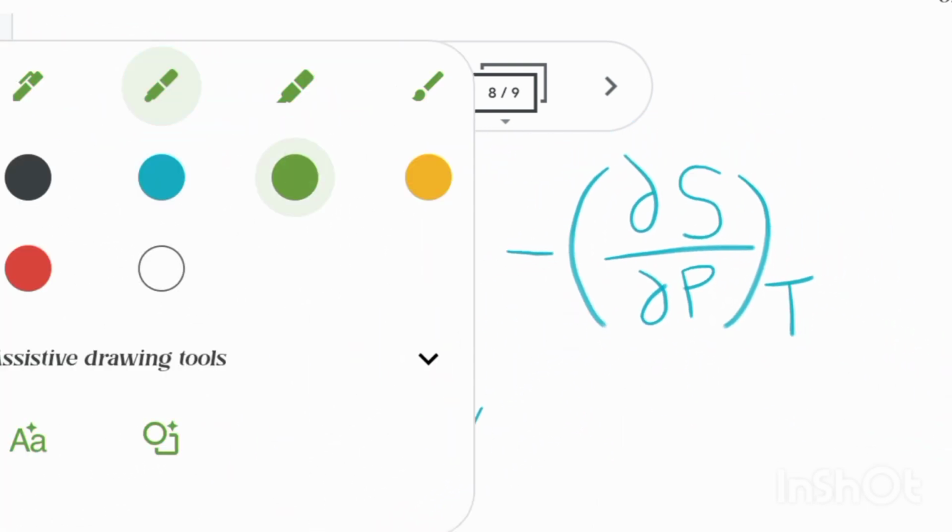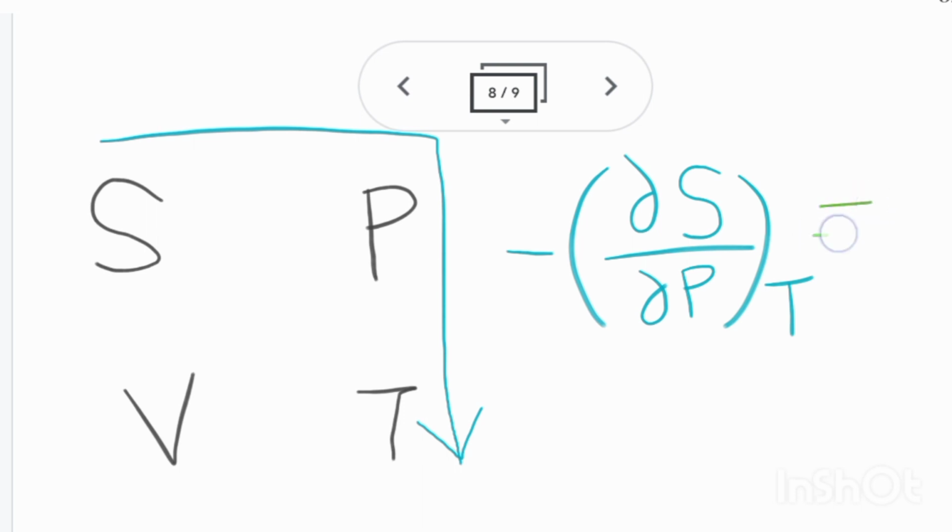Now this will be equal to the opposite way. If the initial was S, I start from V and end at P, the three variables only.